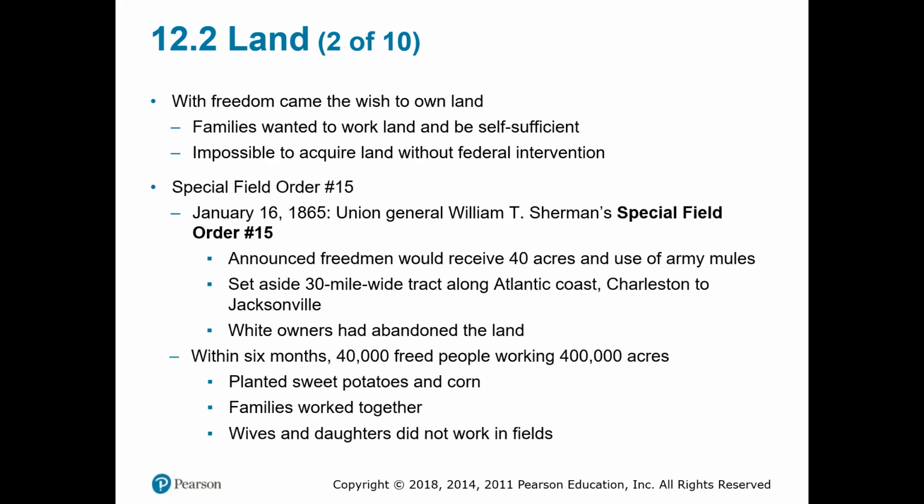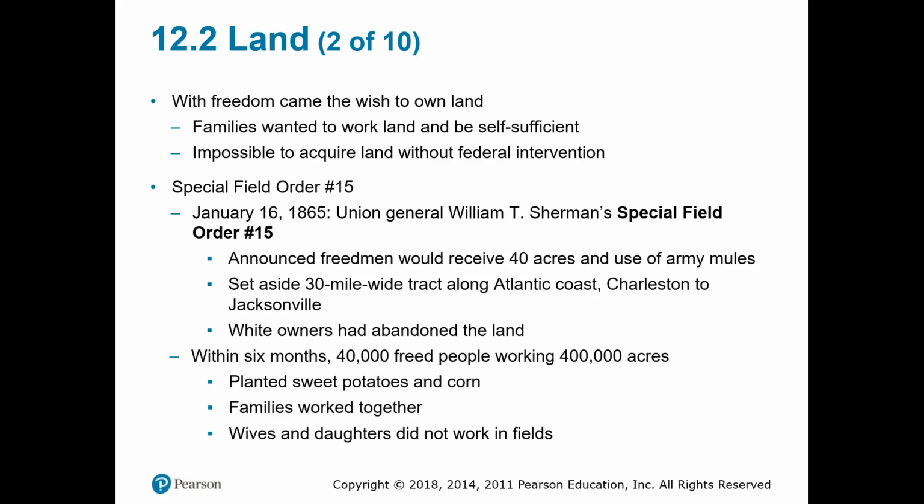All right, so in this case, it starts at General Sherman's, who's a Union, Special Field Order number 15, somewhere in your notes, right? 40 acres and a mule. For the most part, it was in South Carolina, but there was a good section of Florida.